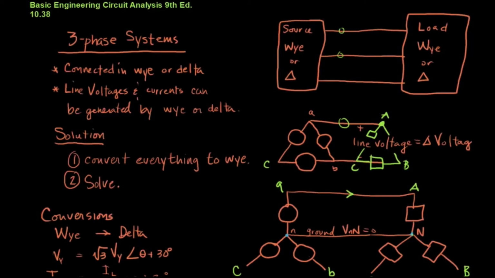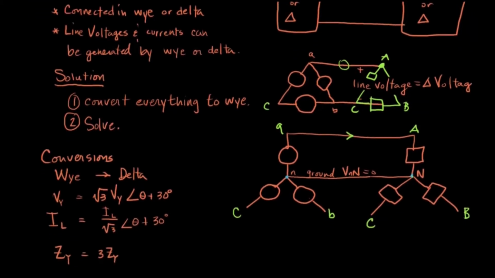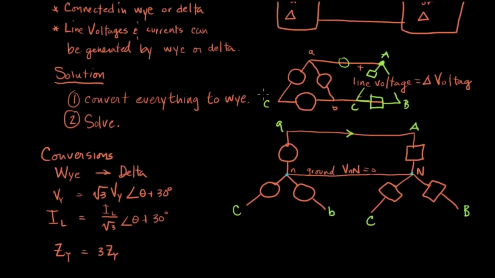But when we look at a Y to Y network, the central node of each Y is connected to the ground, such that the voltage across all of the central nodes in every Y network that's connected in parallel is 0.